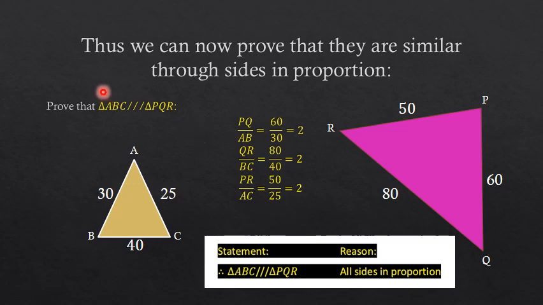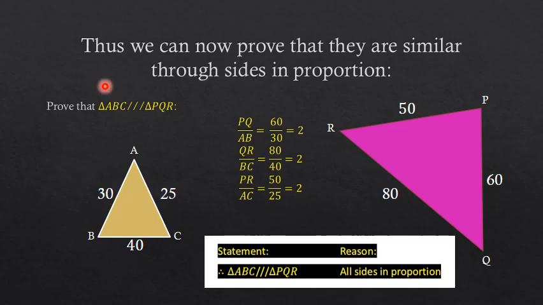So to do this write-up, you're going to say AB over PQ must be equal to BC over QR must be the same as AC over PR. Sorry, I just saw that I wrote the bigger triangle first. Okay, so it doesn't matter.